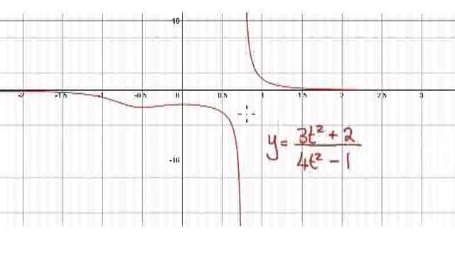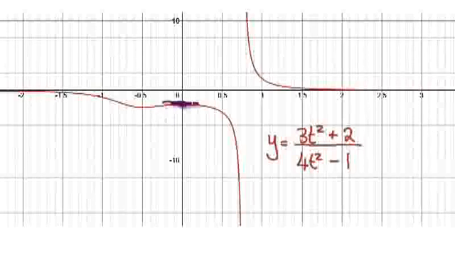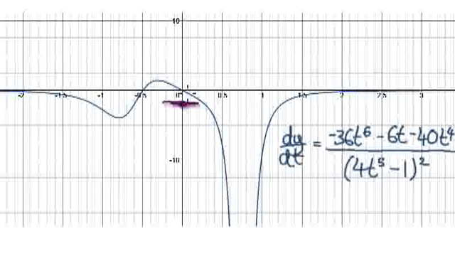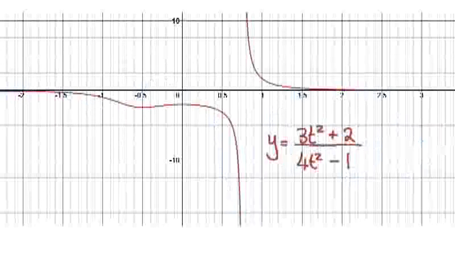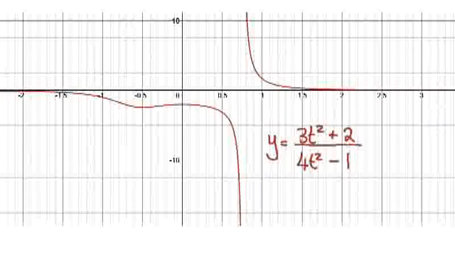Let's look at our original graph here. The gradient at this point here happens to be 0. Now, if you look at the gradient graph, it seems to be 0 here. Okay, and then if you flip back and forth, the two graphs actually correlate with each other. They actually make sense.